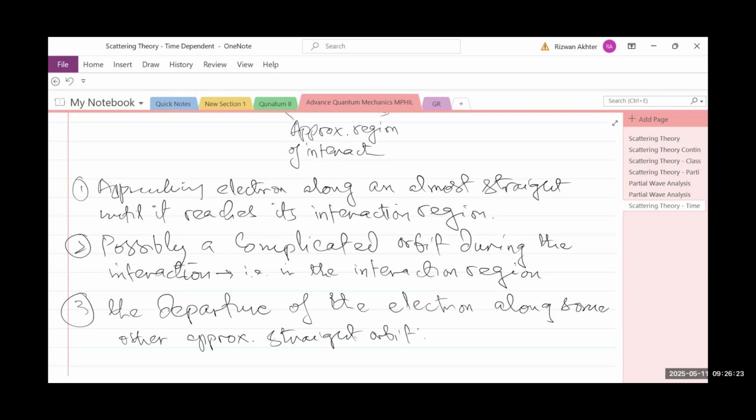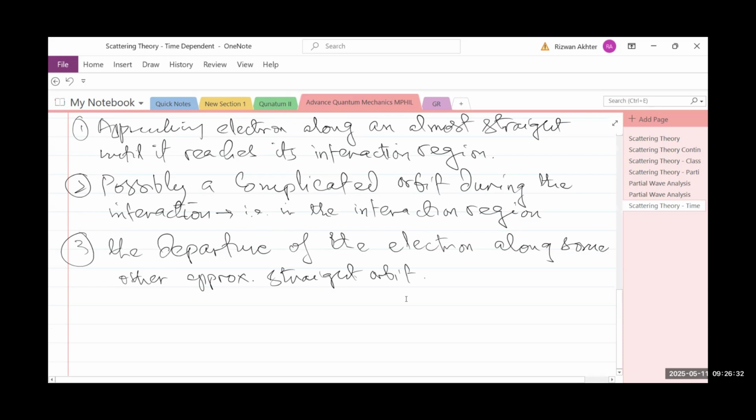You would not be able to observe the interaction region because it is just a few diameters in size. So the only thing you would see is two straight tracks, the track before collision and the track after collision, because after interaction the particles are free.